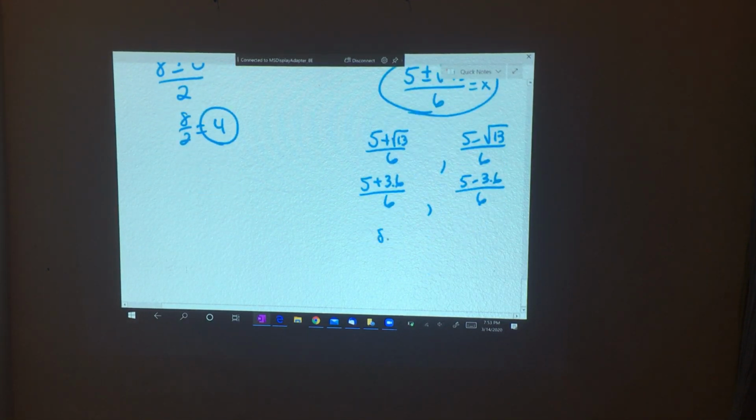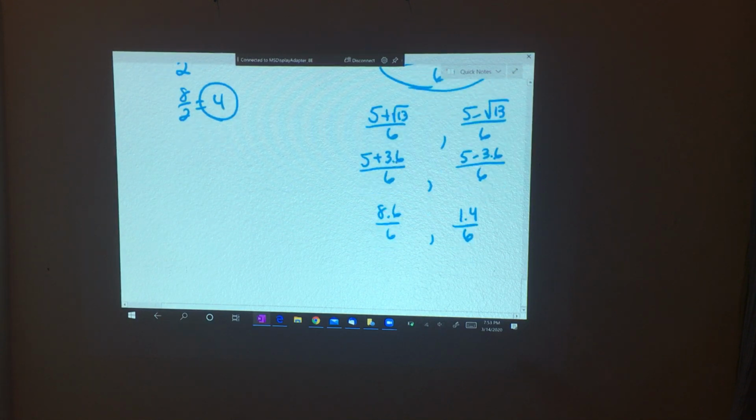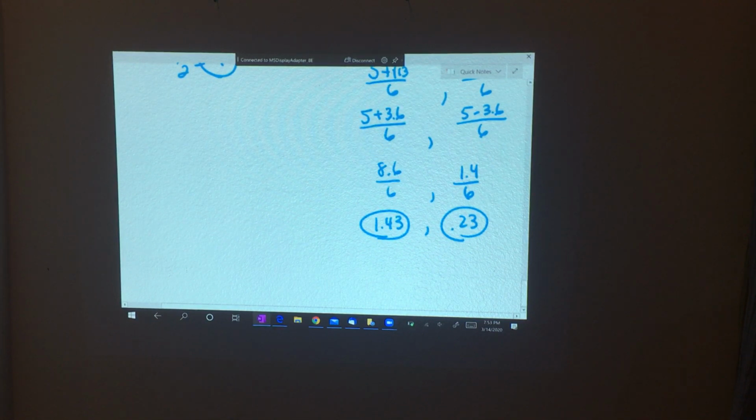So I get 8.6 over 6, and I get 1.4 over 6. And when I reduce that, I get 1.43 and 0.23. Those are my two answers for x. So go ahead and check that.